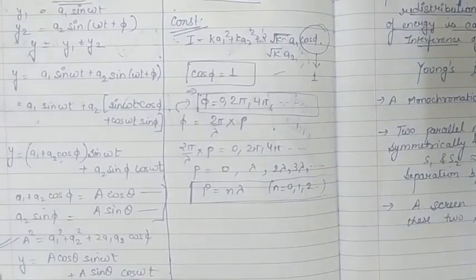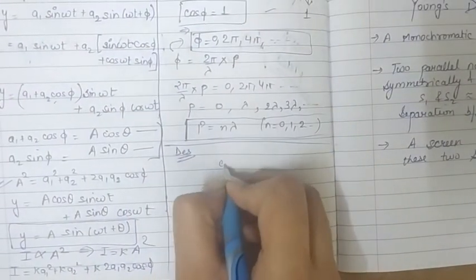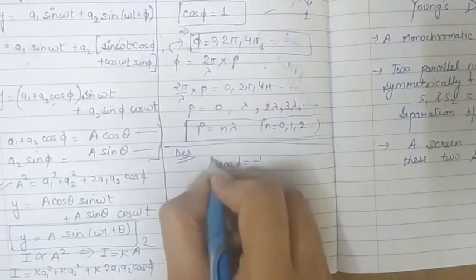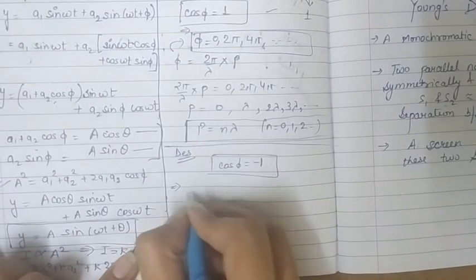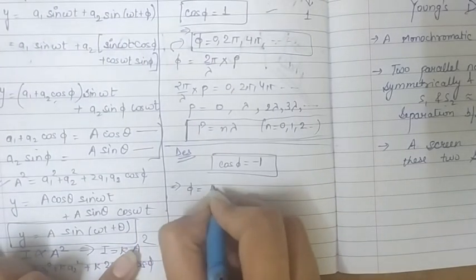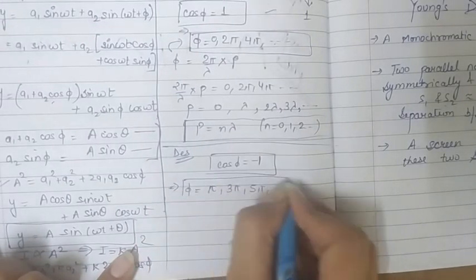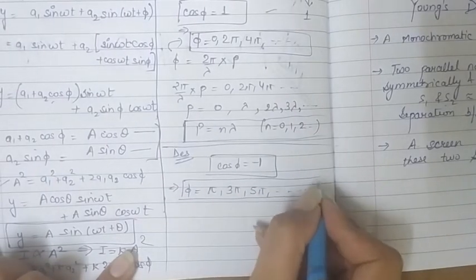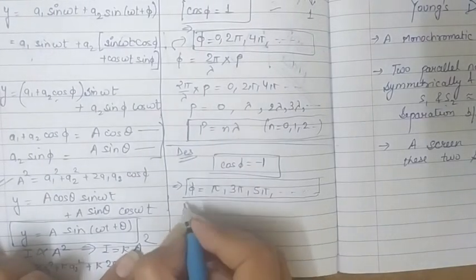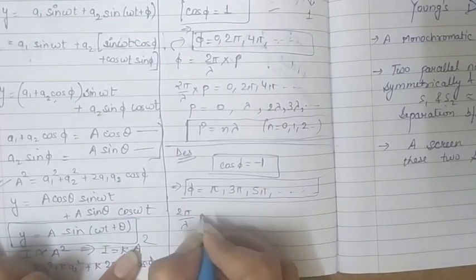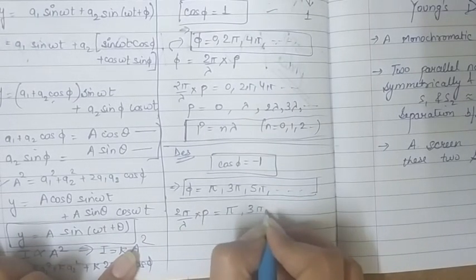Now for destructive interference, cos phi should be minimum, that is minus 1. If it is minus 1, phi should be pi, 3 pi, 5 pi and so on. So in that case the phase difference should be an odd integral multiple of pi. And in terms of path difference, 2 pi by lambda into p should be pi, 3 pi, 5 pi and so on.